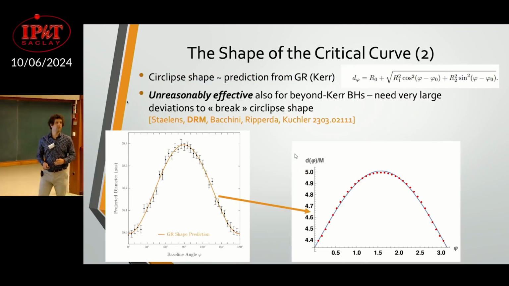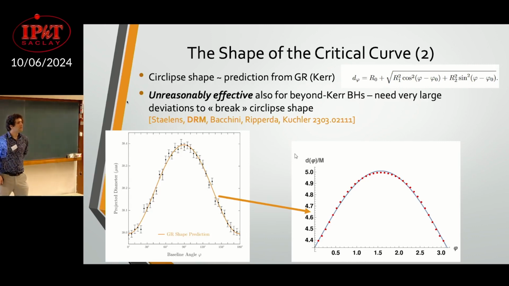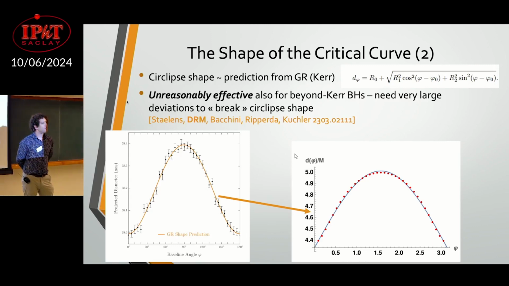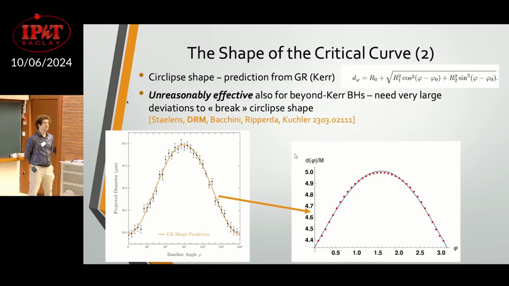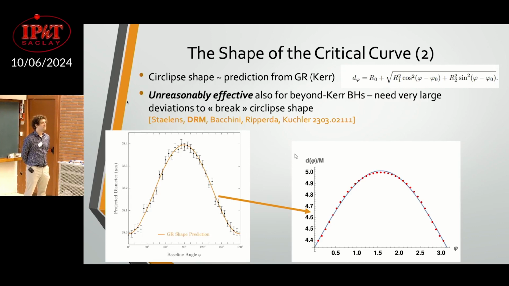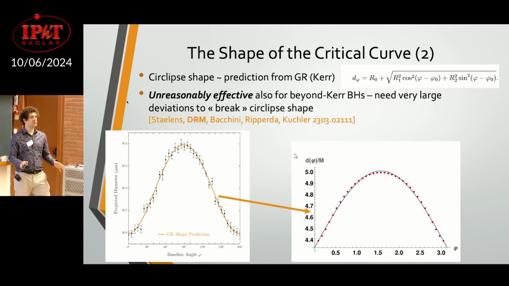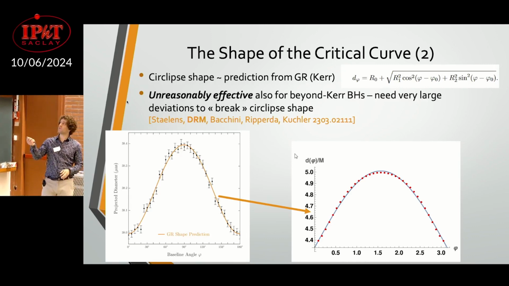Sorry, Daniel. For Kerr, what is the relation between R0, R1, R2, and the mass and the spin? It's not an obvious relation, and I don't think anybody has really derived a certain relation. You can just show that all of the Kerr black holes follow this form.